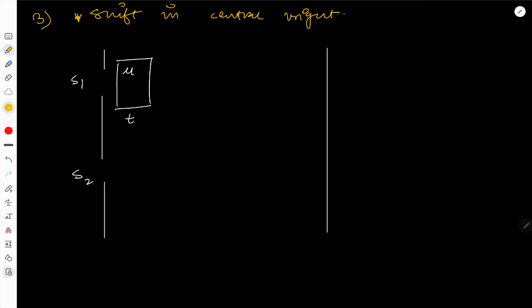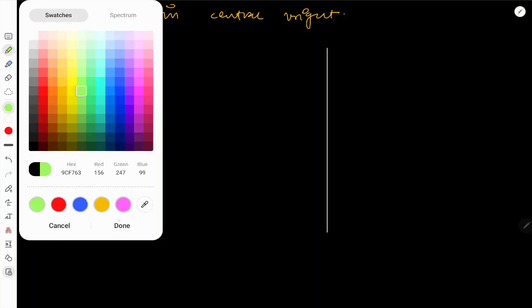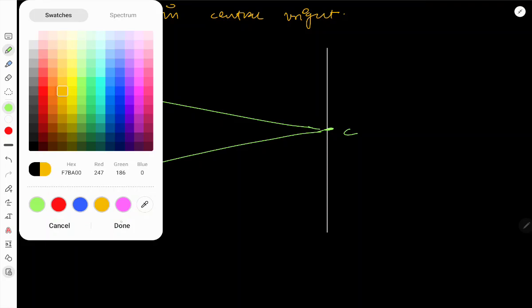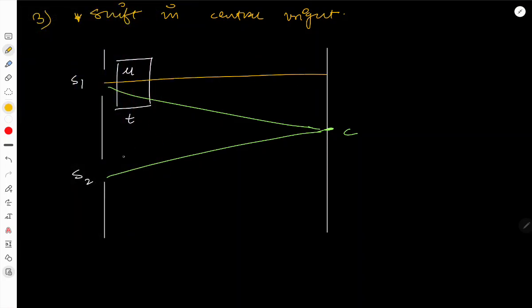And so earlier it had to travel this as over here. This used to be the central maximum C, but now the new C has shifted up. Let us assume, no, we'll prove that the C goes in the direction where the glass slab is put.